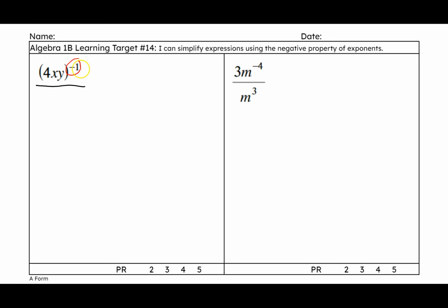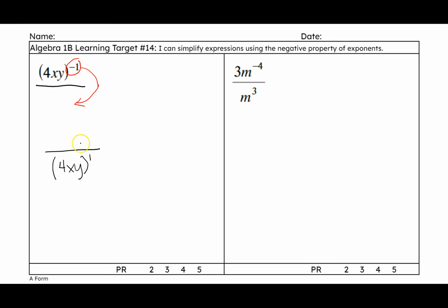So I am going to take this and put it in the division part of the fraction. I'm going to take all of this and put it down here, and that will turn it into a positive exponent. So now I'm going to have the 4xy to the power of +1. If this moves downstairs, then the exponent will switch from a negative to a positive.